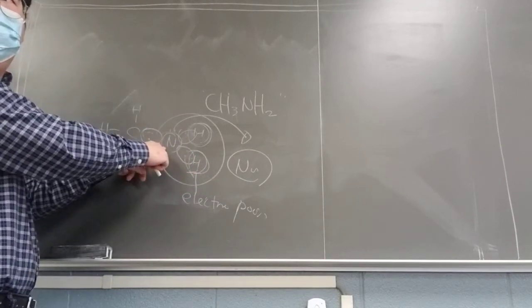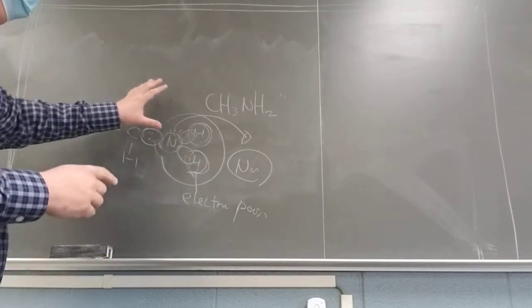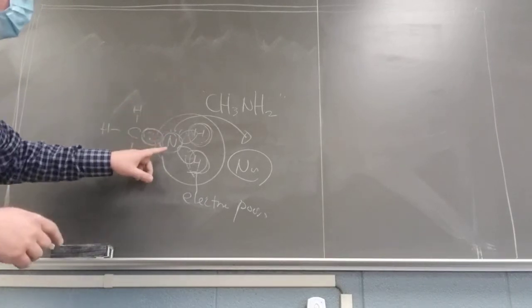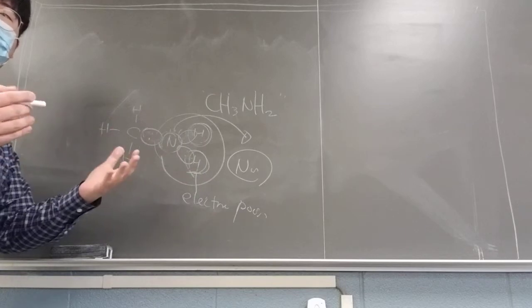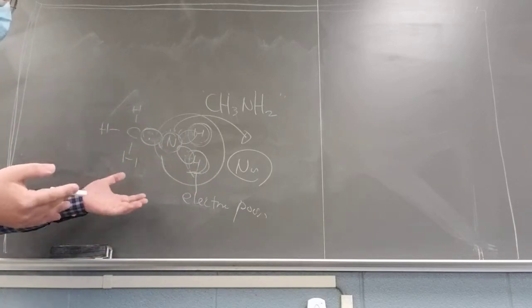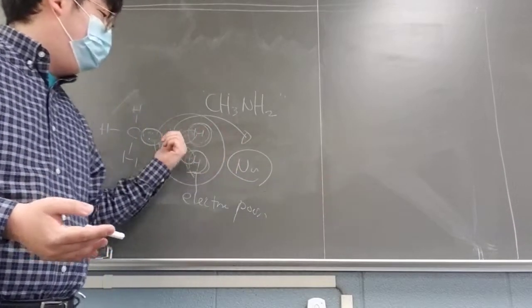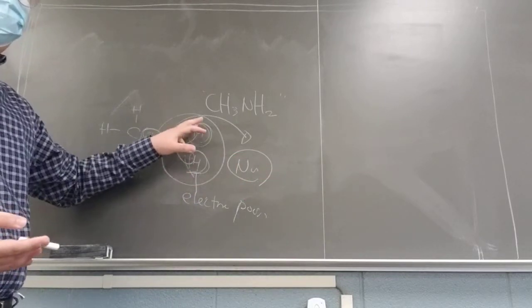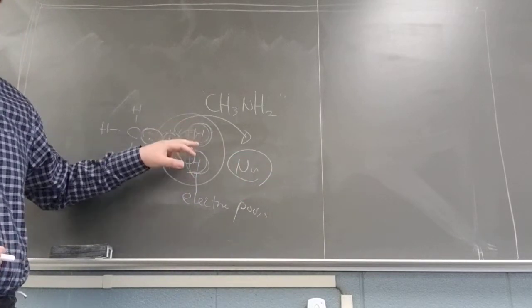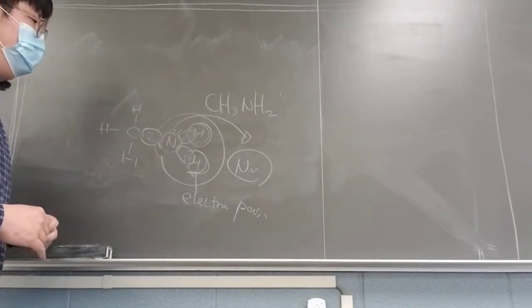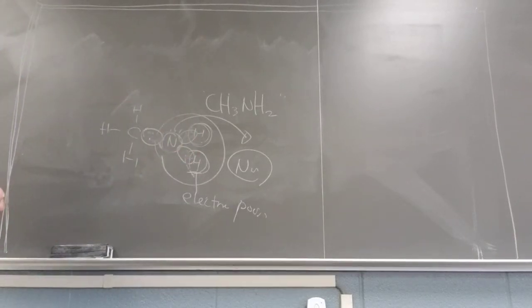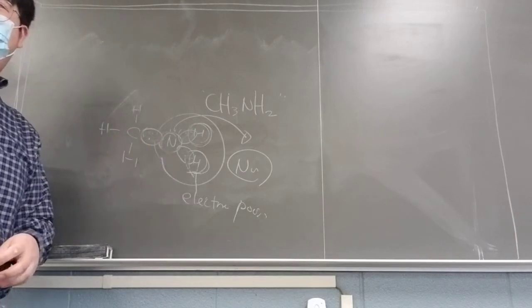So this will behave like an electrophile because of this. I know it's tricky, but the correct answer for this one is that it can behave like an electrophile or a nucleophile, depending on the circumstance. If there is a much stronger nucleophile than this one, it will behave like an electrophile because of this hydrogen. So it's more like a relative term. Obviously, I don't think I'm going to put this on the exam.